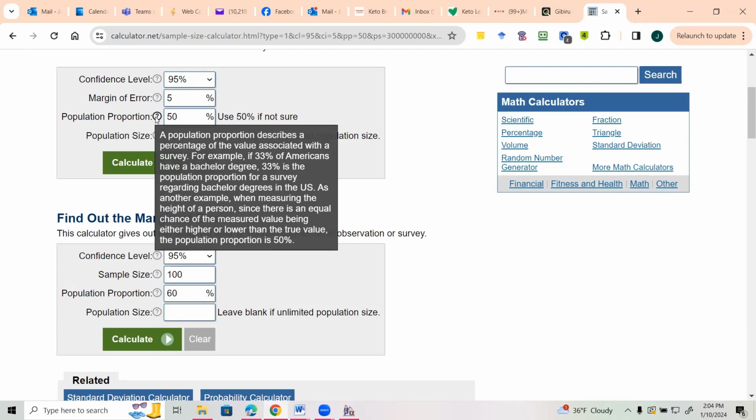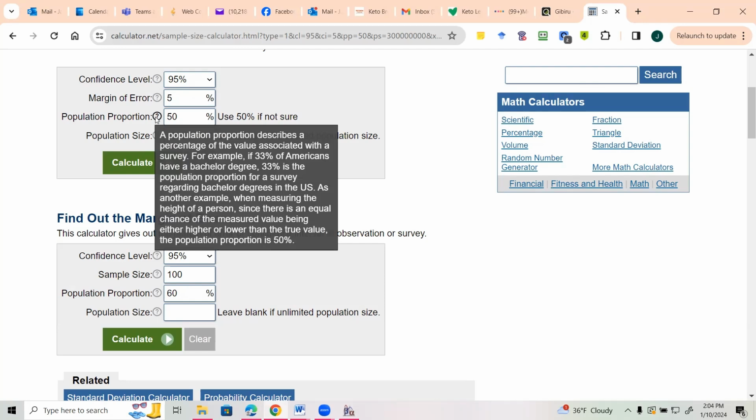Okay, you're not always going to know this answer, by the way, and it's not always even going to be relevant to you. If I want to know what the difference is between boys and girls in the third grade in height, what population proportion comes into play that's affecting us here?